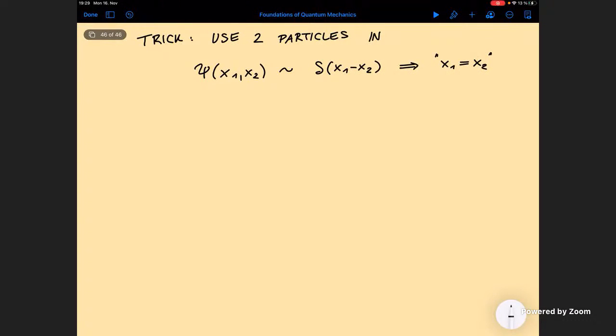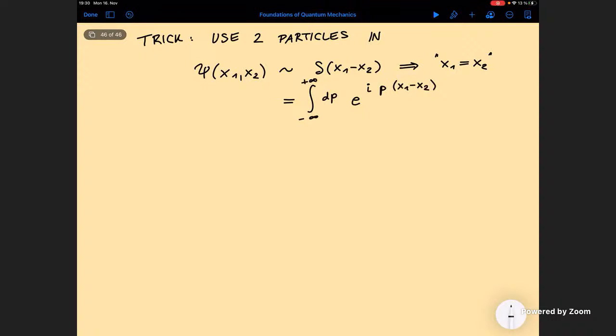Now, the beauty of this particular wave function is that you can also switch to momentum space simply by doing a Fourier transform as usual, and then you will see something funny. So the delta function, as you hopefully maybe know, can be written in terms of a Fourier transform. So the idea is to take a Fourier transform over e to the i p times (x1 minus x2).